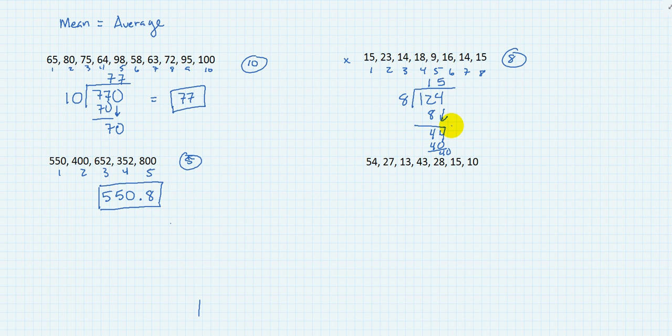So bring down the 4, and then what you'll notice is it goes into it exactly, so we can say 15.5 and stop right there. So 5 times 8 is 40, and that would subtract to 0. So 15.5 is our answer for the average of these numbers.